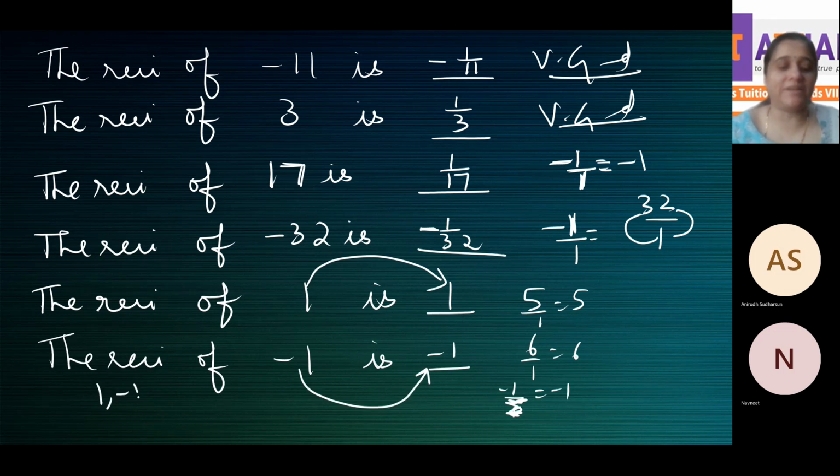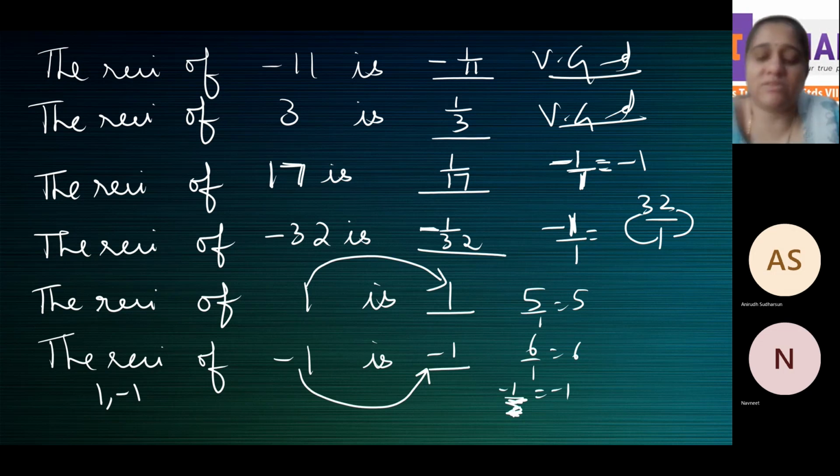So 1 and minus 1 are their own reciprocals. 0 does not have a reciprocal. You must remember all this. The integer 0 does not have a reciprocal. 1 and minus 1 are their own reciprocals because the reciprocal of 1 is 1 itself, and the reciprocal of minus 1 is minus 1 itself.